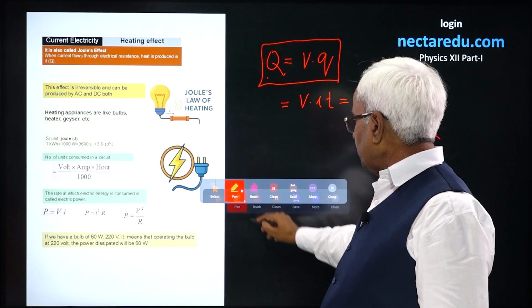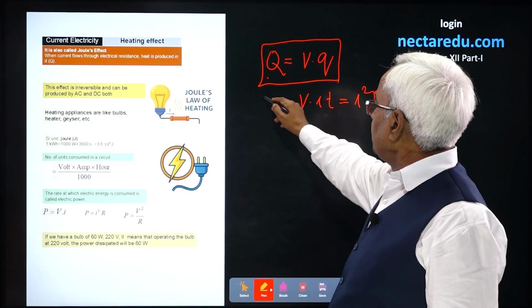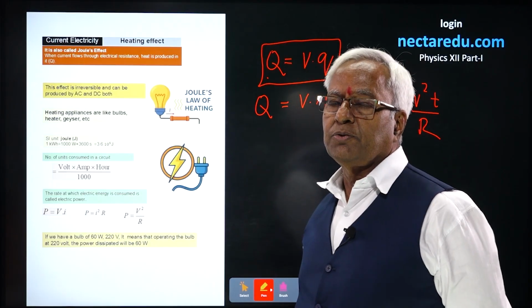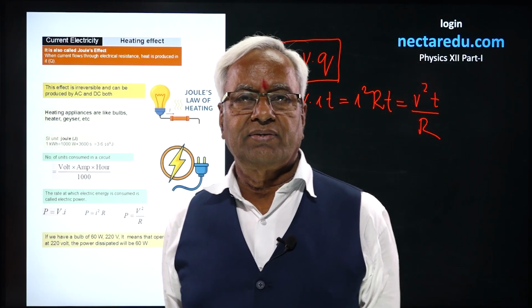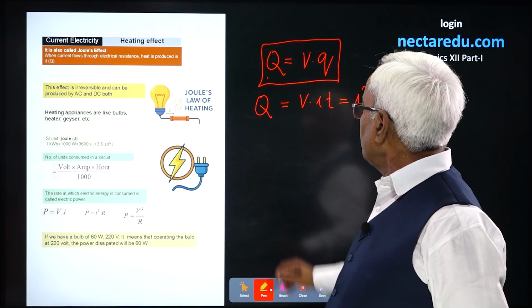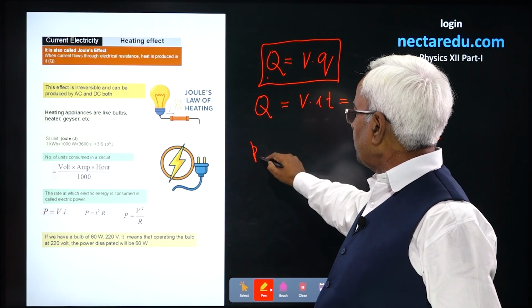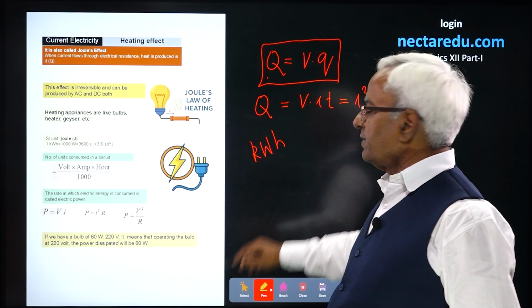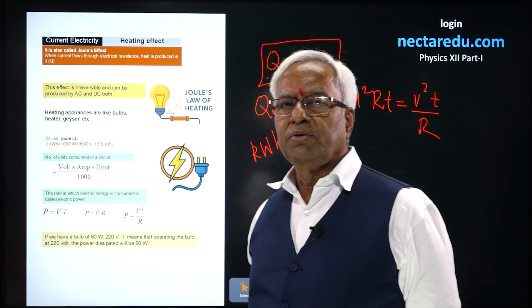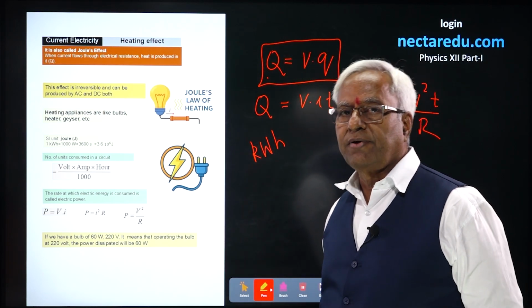You see, for measuring the electric energy or the heat energy produced, when you say heat energy produced, it is equally good as electric energy consumed. Both are the same. So, this could be measured in the unit kWh, that is known as kilowatt hour. The trade name is unit, short form of Board of Trade unit.